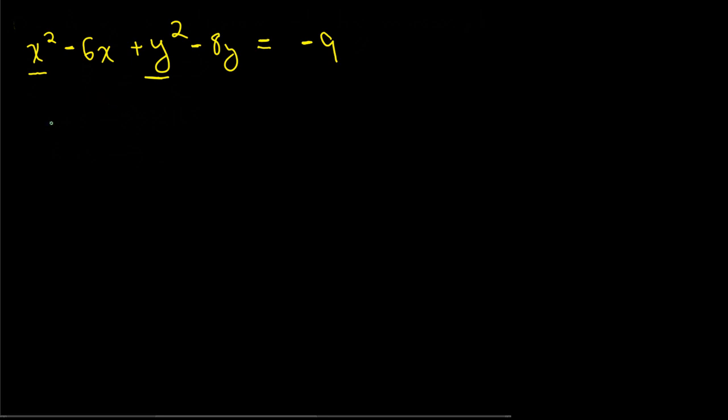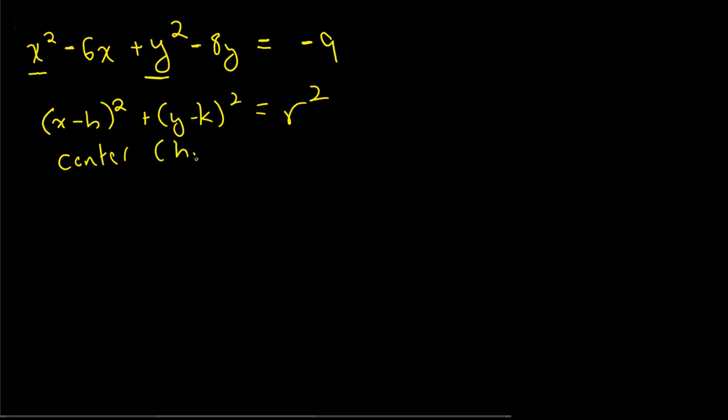And so what I want to find is, I really like when I have my circles in this form, because I have my center at h, k, and the radius is r.